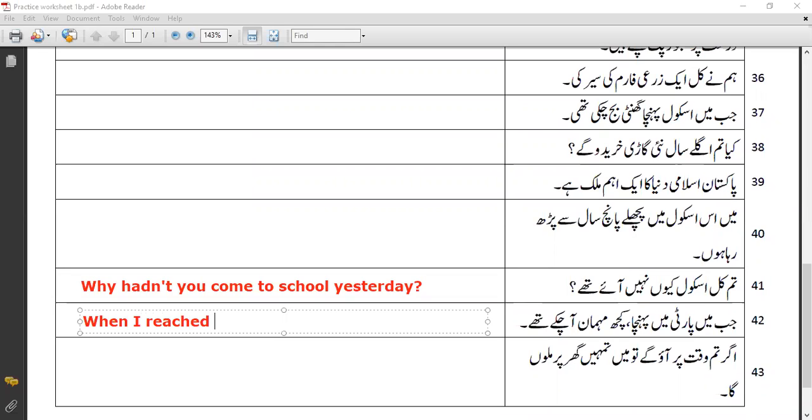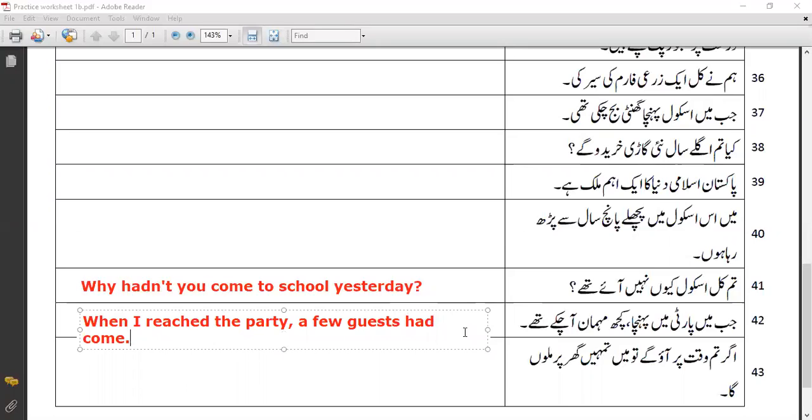When I reached the party, or when I arrived at the party, when I reached the party, a few guests had come. Okay. जब मैं पार्टी में पहुंचा, when I reached the party, कुछ मेहमान आ चुके थे, a few guests had come.